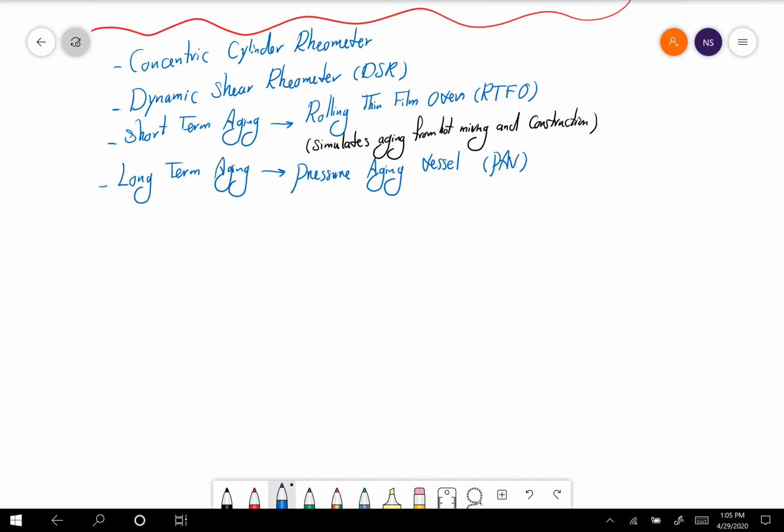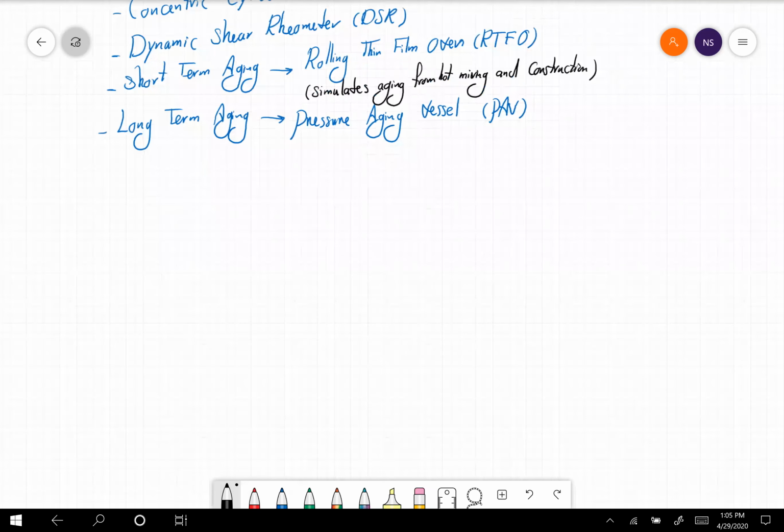This basically simulates aging over 7 to 10 years, under high pressure.